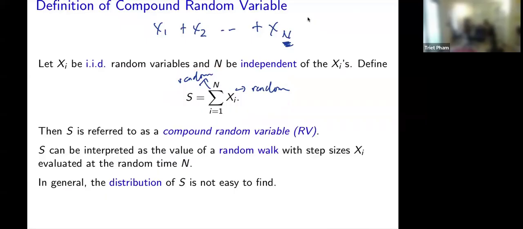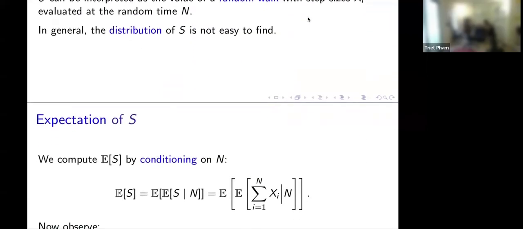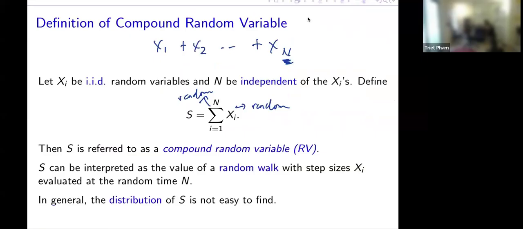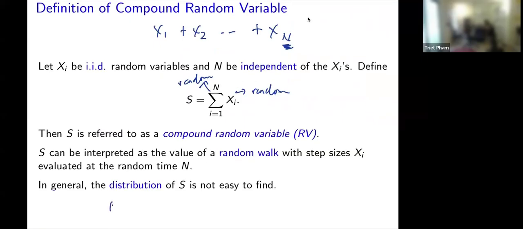Another way to give meaning to this is, let's say N is a Poisson process. N represents, let's say, the number of people arriving at a store or at a yoga studio.